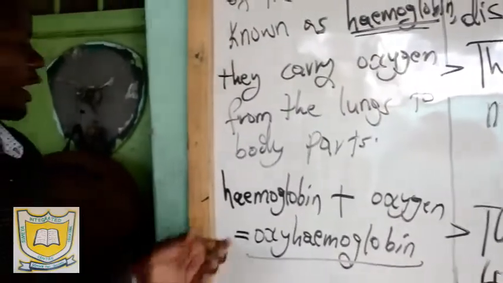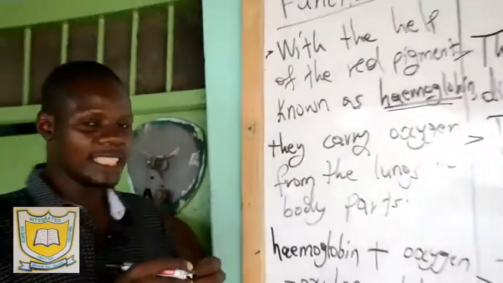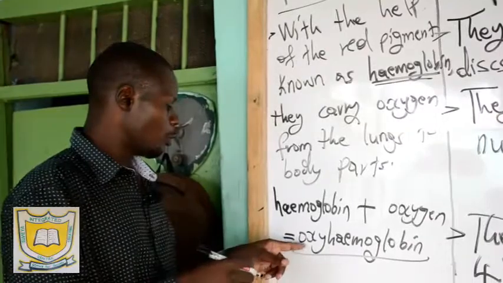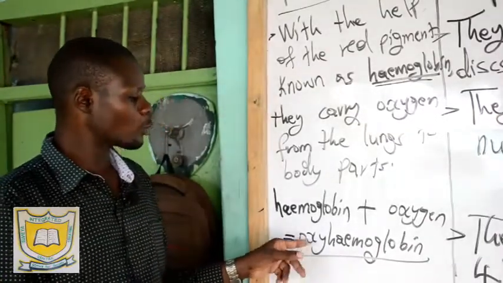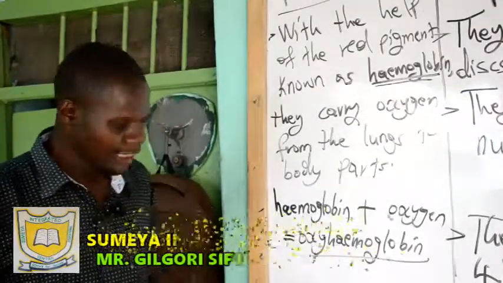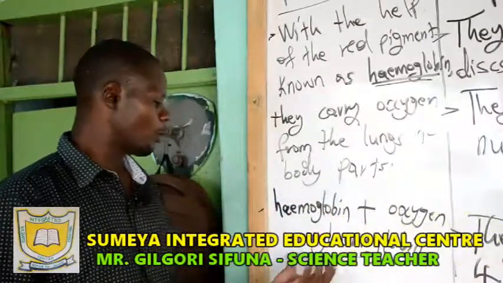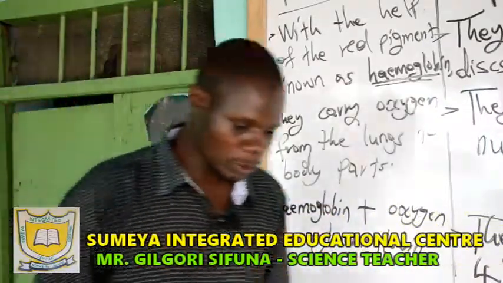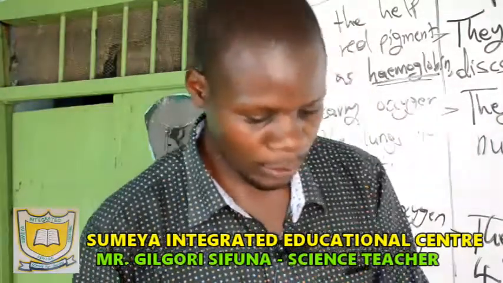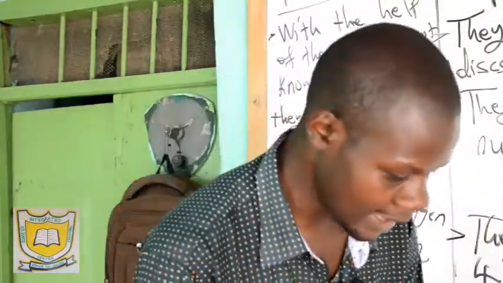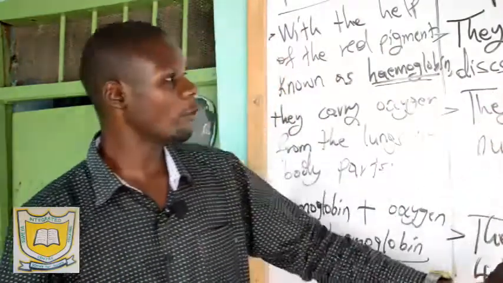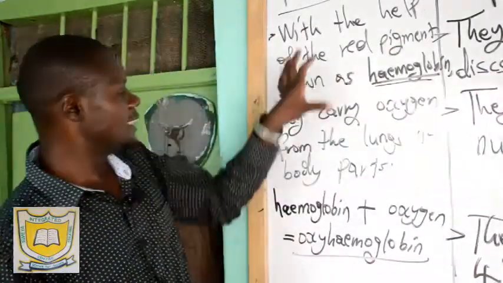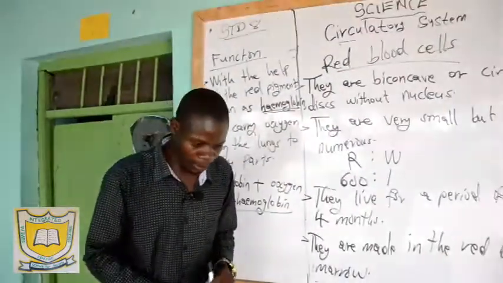Hemoglobin is the one that combines with the oxygen in the lungs to form what is known as oxyhemoglobin. So oxygen plus hemoglobin forms oxyhemoglobin, and it is now transported from the lungs to other parts of the body where they are needed. So that is the shape of the red blood cells, and this is the function of the red blood cells.